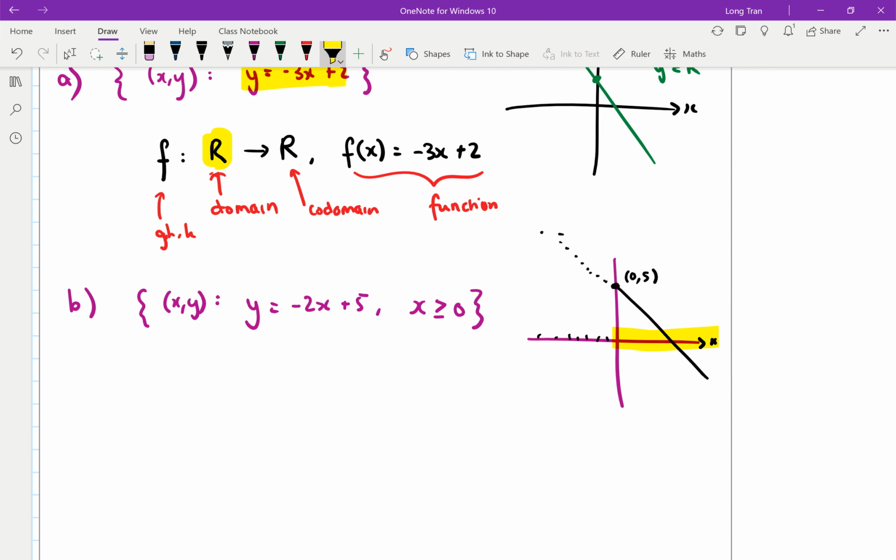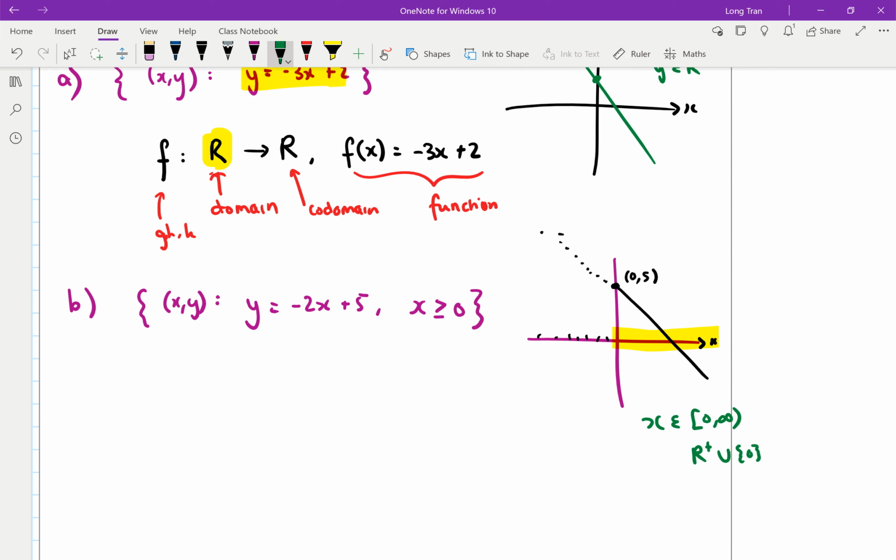So on the x-axis, I only sketch from here onwards. So you can see in this graph here, if I ask you what's the domain, well, you would say the domain is an element of 0 to infinity. True? Or you can write positive union 0. Up to you, whichever one you want to use. Okay?